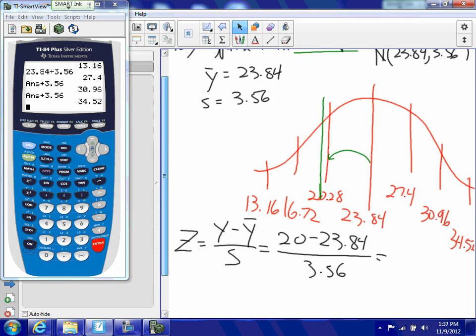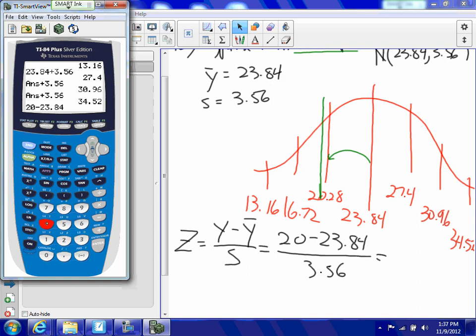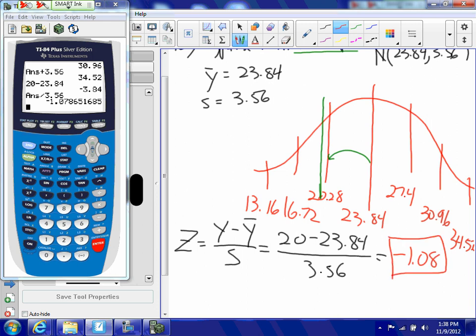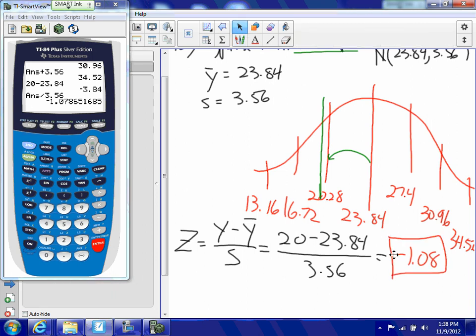I'm going to go 20 minus 23.84, and then divide that by 3.56. And I get that my z-score is about negative 1.08. That is how many standard deviations, 1.08 standard deviations below the mean, the speed limit is.